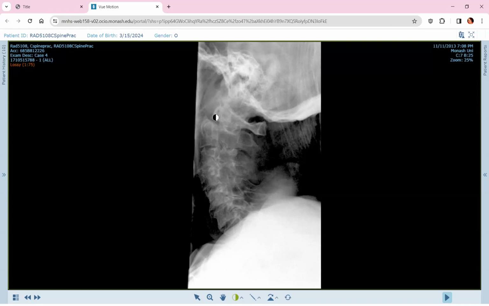However, when we look at C1 and C2, we can see there is a big step from C1 onto C2, and that indicates that there is a dislocation. It can also be described as an atlantoaxial dislocation. So that is the main finding then with this patient, that there is an atlantoaxial dislocation of C1 onto C2, and that there are some marked degenerative changes throughout the cervical spine.